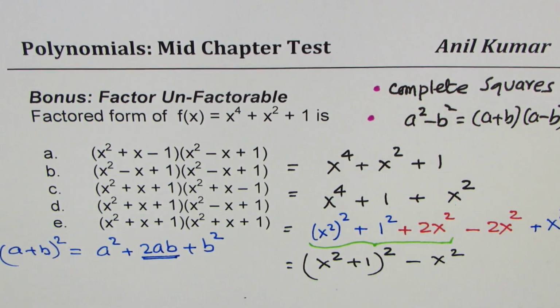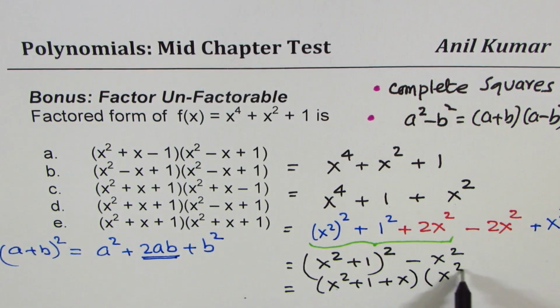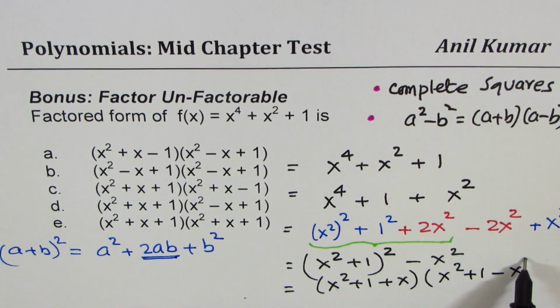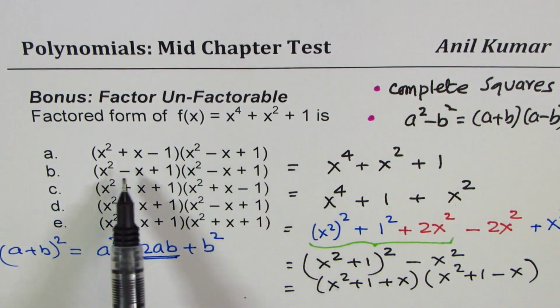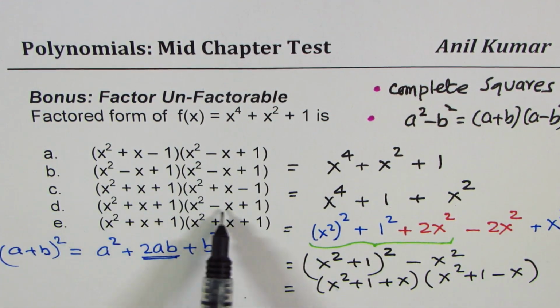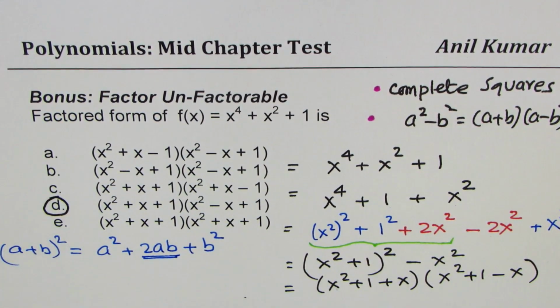Now this is of the form a square minus b square, and therefore I could write this as x square plus 1 plus x times x square plus 1 minus x. You get an idea. So we have everything positive except for the minus x. So option D is the right option. Does it make sense to you? So that is how you do this particular question.